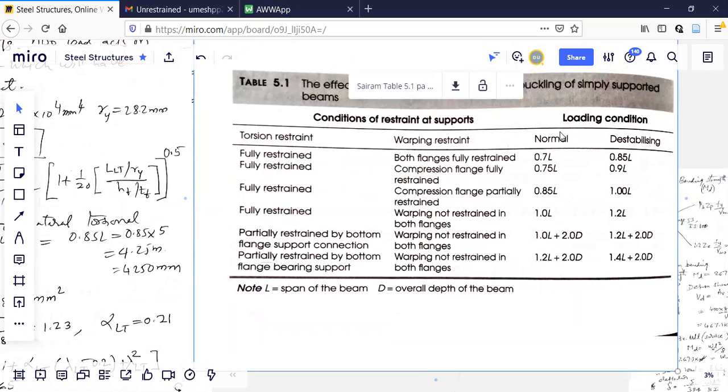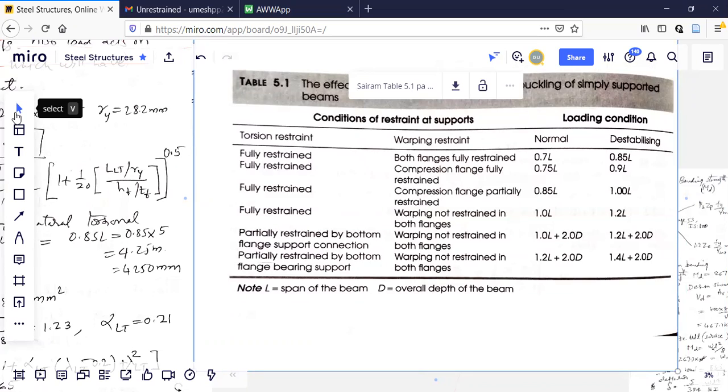Loading condition is given here, destabilizing. Fully restrained, what is this? I'm solving unrestrained, so why am I referring to this? Fully restrained means the support conditions they are telling. See this, conditions for restraint at the support.